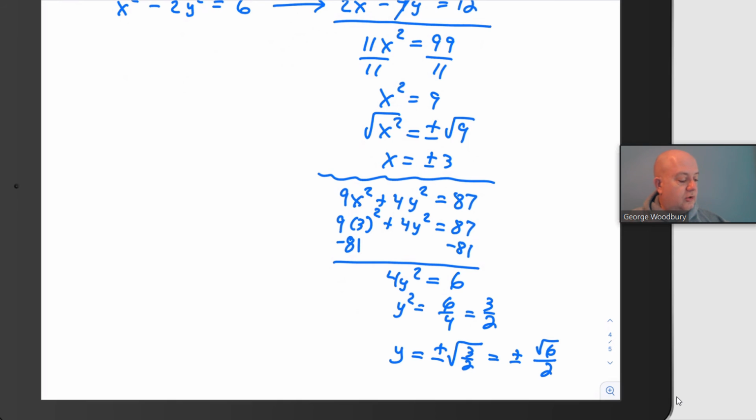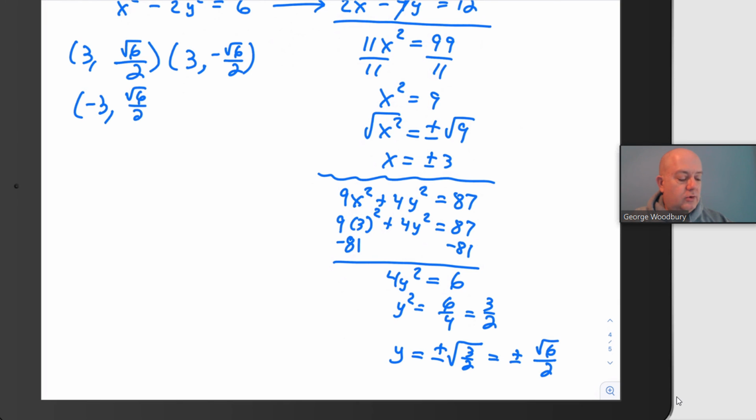So the 4 solutions, when x is 3, we have 3 and positive root 6 over 2, and 3 and negative root 6 over 2. And then we get the same thing beginning with -3: -3, root 6 over 2, and -3, negative root 6 over 2. So 4 potential solutions.